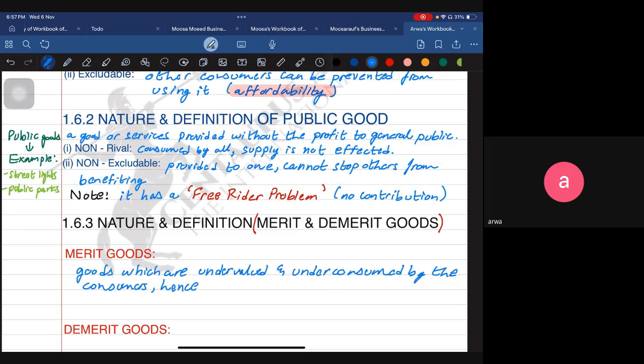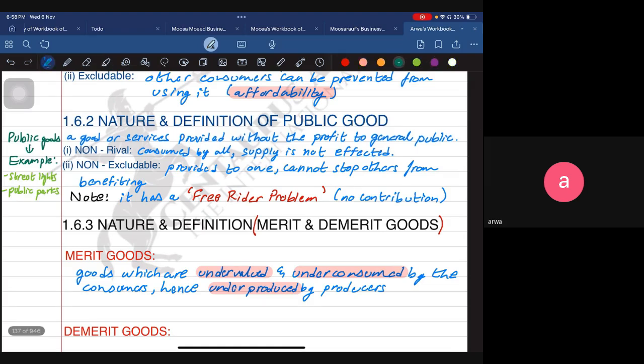Hence underproduced by producers. So it means that these are the goods which are undervalued and underconsumed by the consumers, hence underproduced by the producers. For example, education and healthcare.